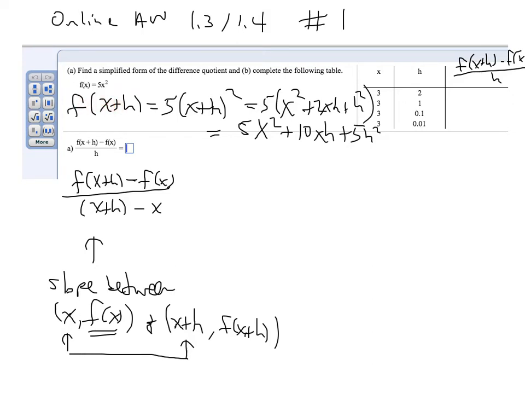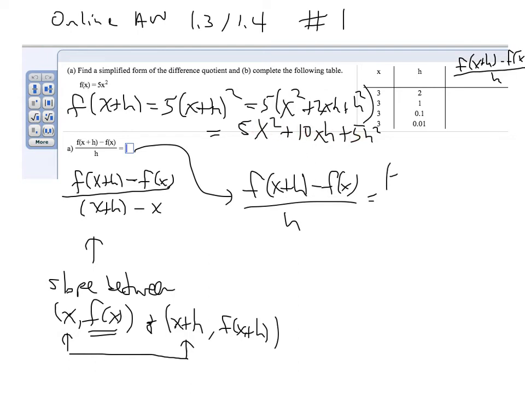So now I'm going to take this down here where I have more room. If I have f of x plus h minus f of x over h, the f of x plus h part is this guy. So let me write that down, and I'll put it in parentheses just so I can keep track of what I've already done. So I'm just copying this in place of f of x plus h.